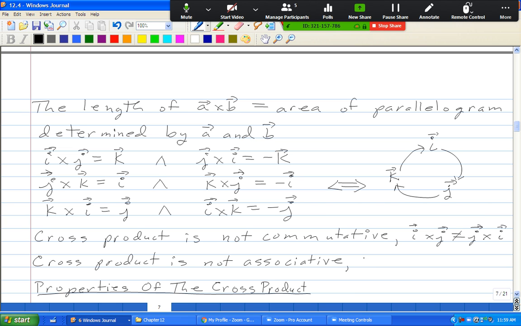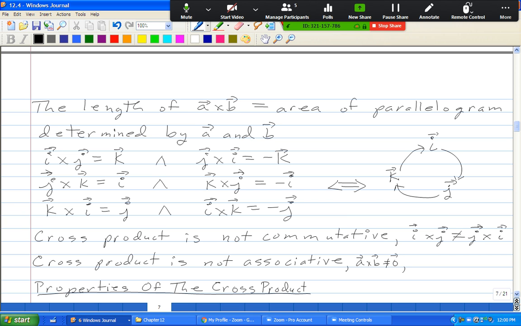So let me assume that A cross B is not 0. Then let's do this, because then I'll get a 0.